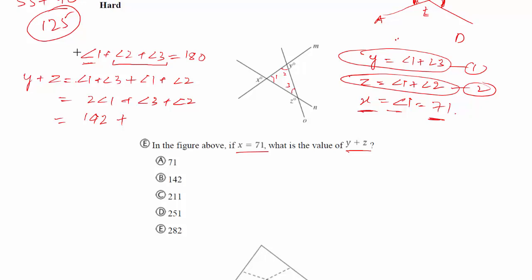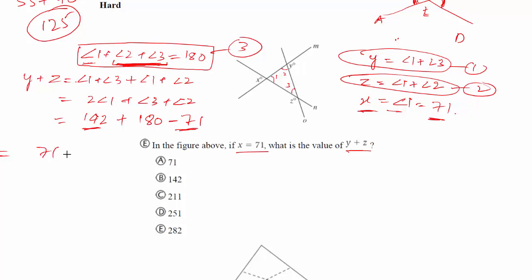We can calculate it from equation 3: angle 2 plus angle 3 is 180 minus angle 1, and angle 1 is 71. So that will be 142 plus 180 minus 71, that is 71 plus 180, which is 251 degrees. So that is option D.